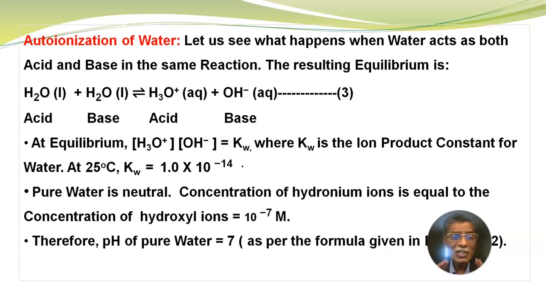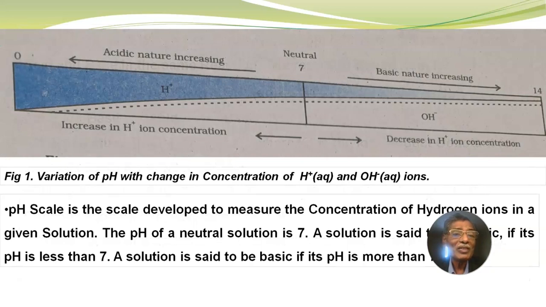Please remember that pure water is neutral. That means the concentration of hydronium ions is equal to the concentration of hydroxyl ions, which is equal to 10 to the power of minus 7 molar. Therefore, pH of pure water is equal to 7 as per the formula given in equation 2.